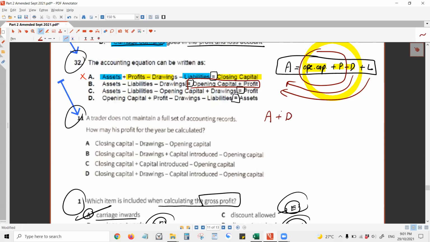When you move something to the other side of the equation, you change the sign. Minus to positive, positive to negative, right? So that's why I put a plus here. Minus liability equal to opening capital plus profit. So is B the answer?